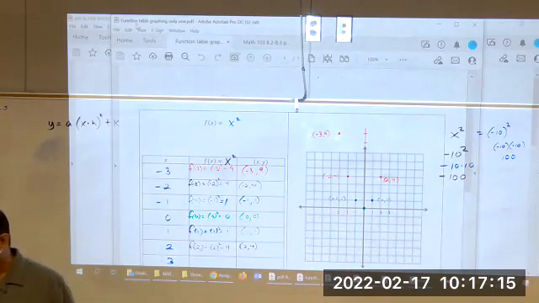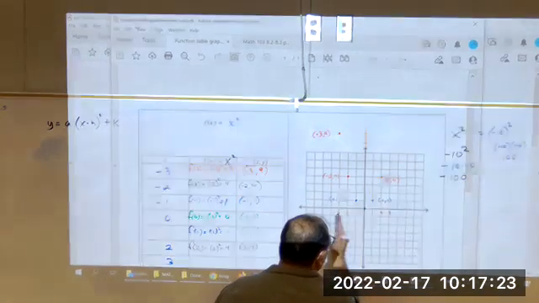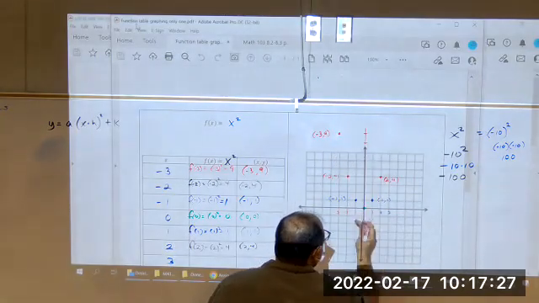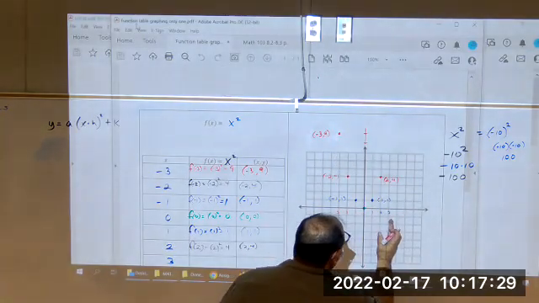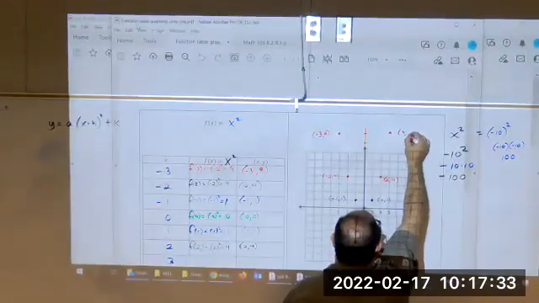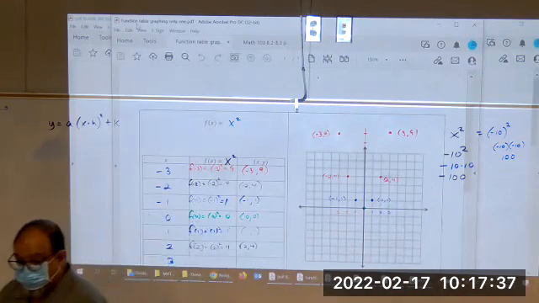So without plugging in 3, what's the answer going to be? 9. Because over here on the left side, 3 units away from 0, the answer is 9. So that means 3 units to the right, this would also have to be 9. And you can just use symmetry because you start to see the pattern.